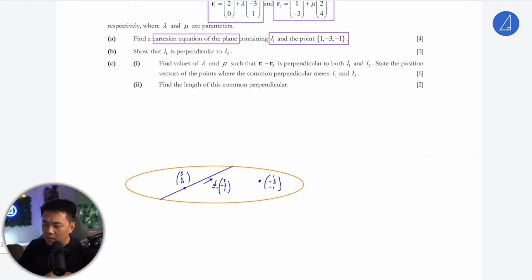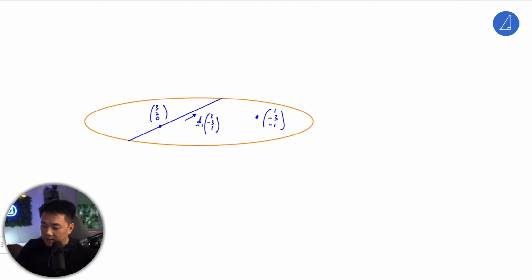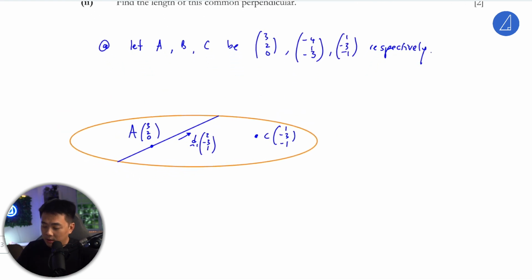Now I'm going to let this point here be A. This is B, and let this be C. So for easy reference, this will be my C, 1, -3, 1, and this is my A. So to find the normal, you need the two vectors parallel to the plane.